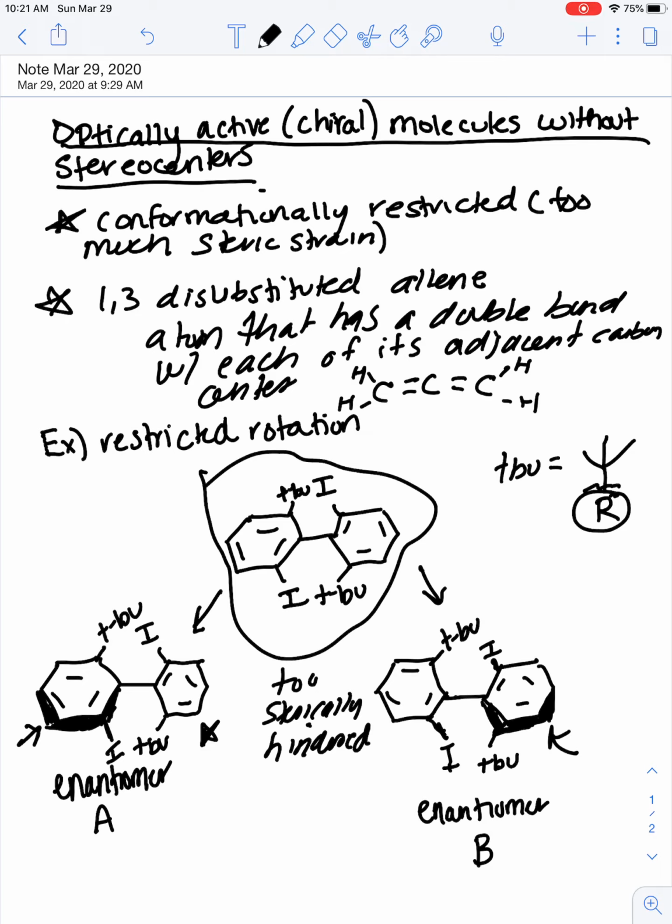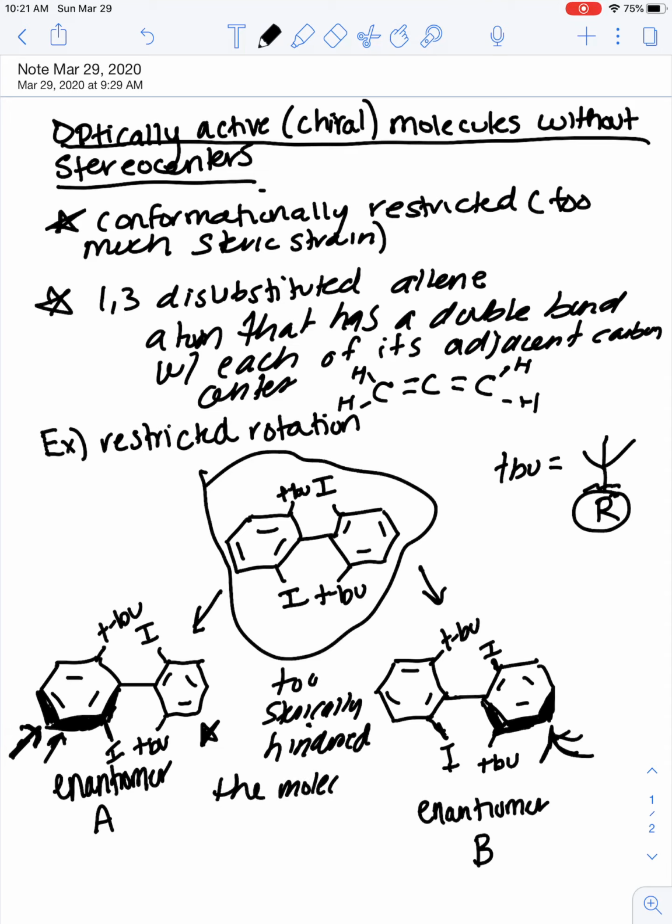What actually happens is, if we look at enantiomer A right here, we can see that the ring on the left is going to tilt out. This bold part indicates that it's a wedge, right? So it's going to be tilted towards us. This is one possible molecule that can form, enantiomer A. If we draw the mirror image of this molecule, we can look over here to enantiomer B. In this case, the right-hand side ring is going to be tilted out towards us, again indicated by that dark wedge.